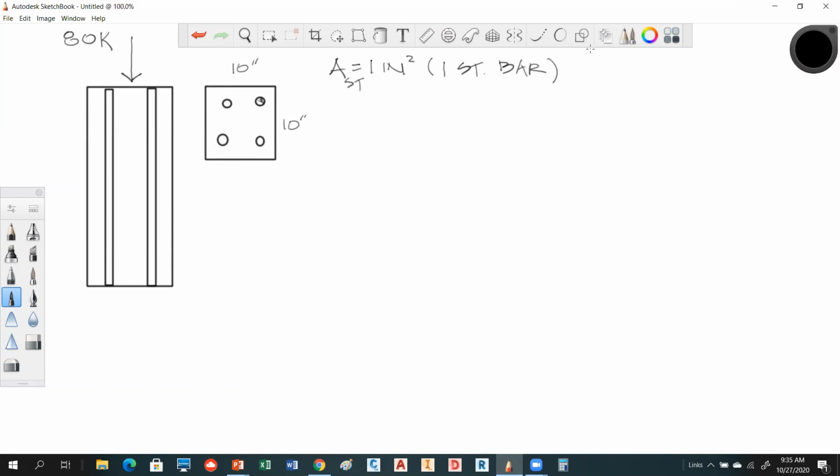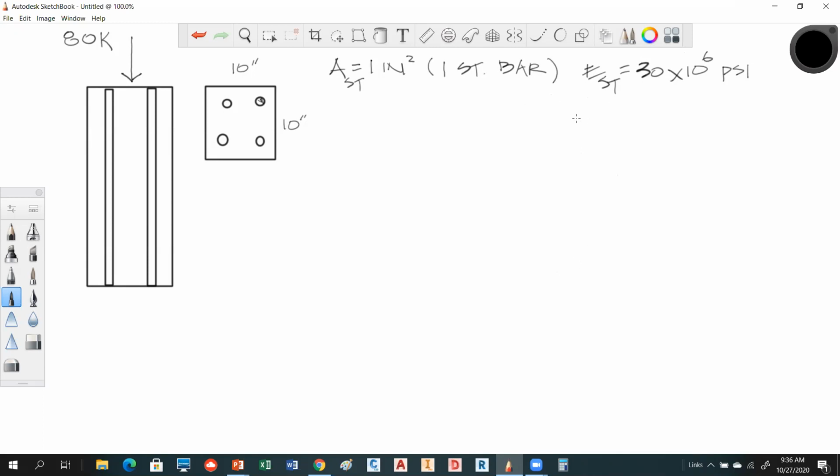We know E's are given. E for steel, in this problem, they give us 30 times 10 to the 6th psi. If you go back and look at that table, 8.1, you'll notice it is 29 times 10 to the 6th. So remember, steel can vary from 28 to 30.